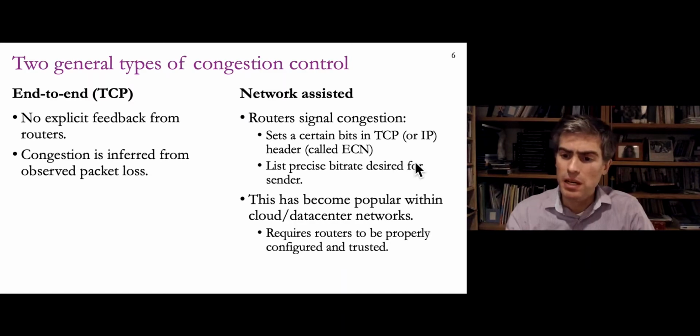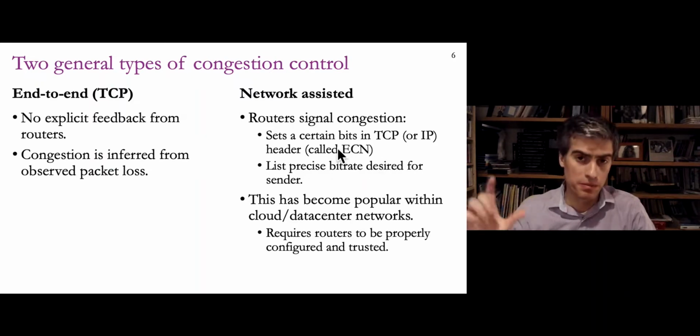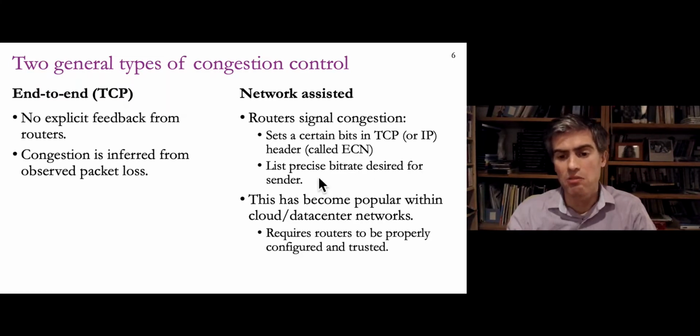And there's a header in either TCP or IP, I forget which, called the Explicit Congestion Notification, or ECN header, that does allow the routers to signal congestion, and theoretically they can indicate what bit rate they want the end host to use.